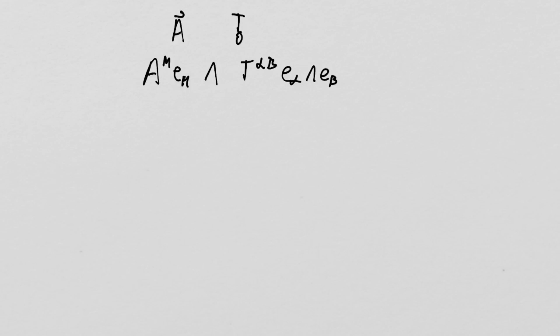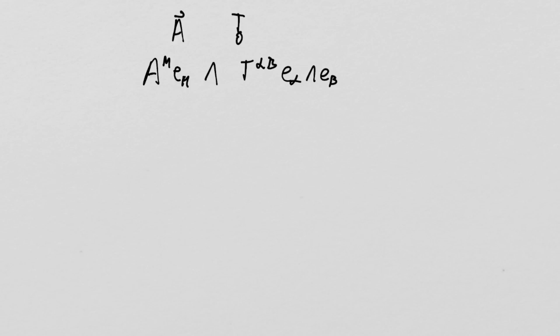let's see, an arrow and a thumbtack. Now we know the arrow is A mu E mu. We know the thumbtack is T alpha beta E alpha wedge E beta. So we can't feed them to each other, right? But we can wedge them together, right? We can wedge them together without any trouble.